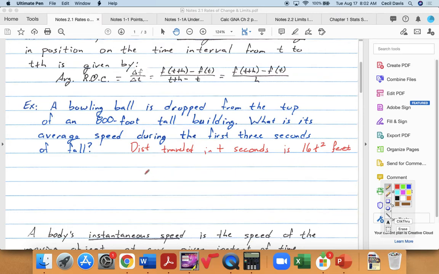So the average speed, which is an average rate of change in position, is going to be equal to 16 times 3 squared minus 16 times 0 squared, because we're going from 0 seconds to 3 seconds, over 3 minus 0.